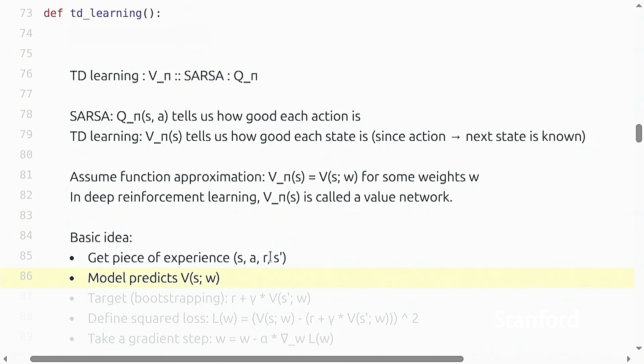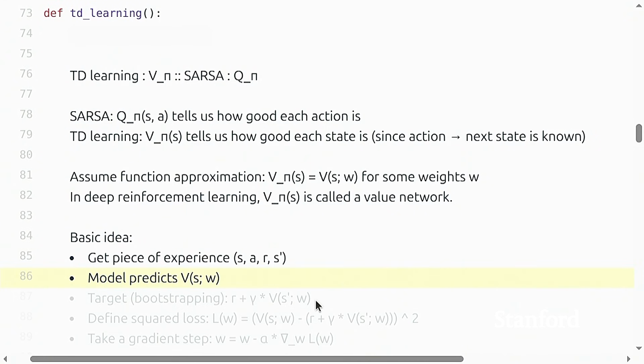Based on this new piece of information, how can we compute a refined estimate of that value? We define the target, which incorporates this piece of experience by bootstrapping: you have the immediate reward plus some discount gamma times the value of the successor state, given the same set of weights.